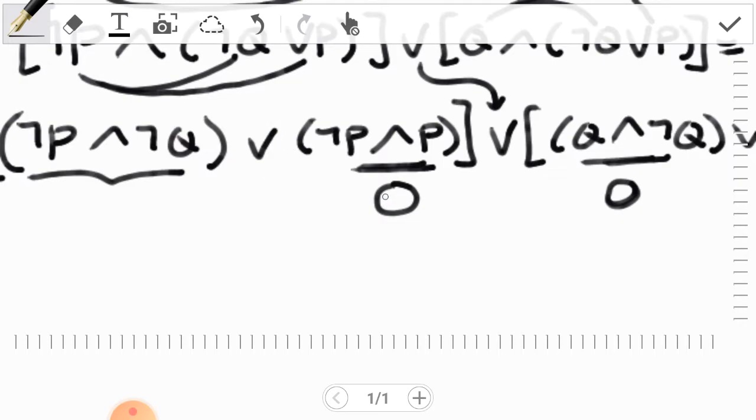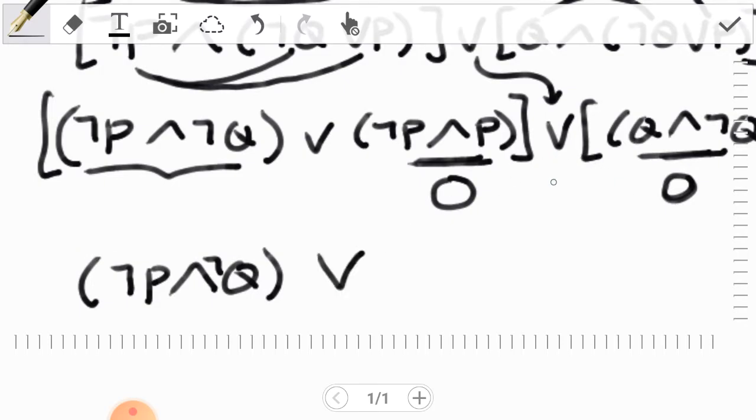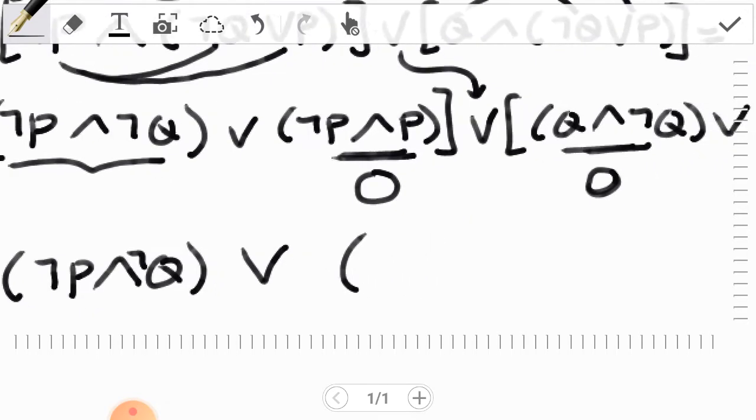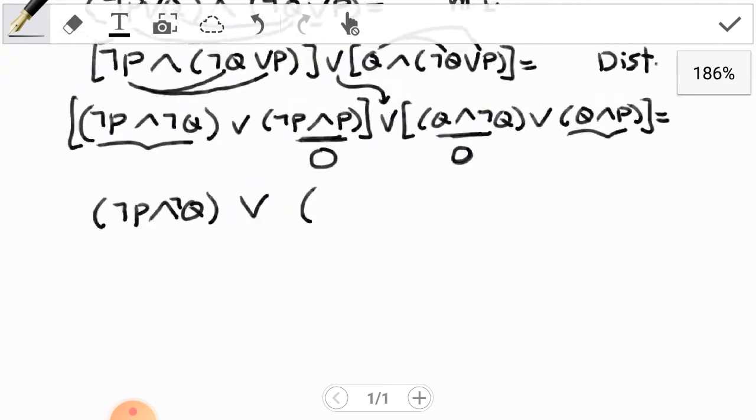That will now be the second under number 13. P or 0 is equivalent to P. So if you now count this as a single proposition, P or 0, then it must be equal to P. So this just leaves us not P and not Q, or we have here 0 or a proposition again.